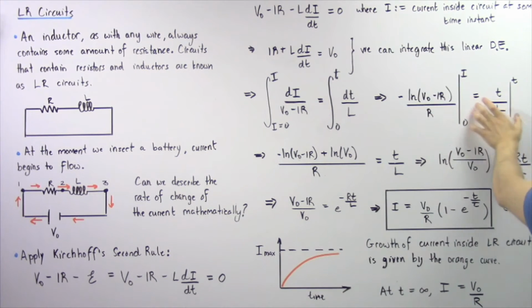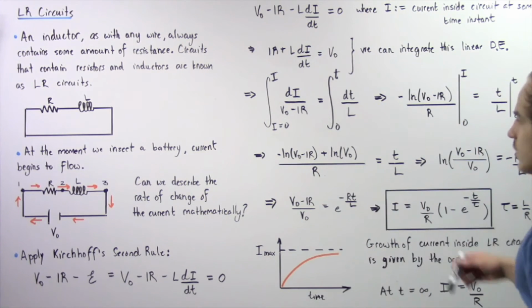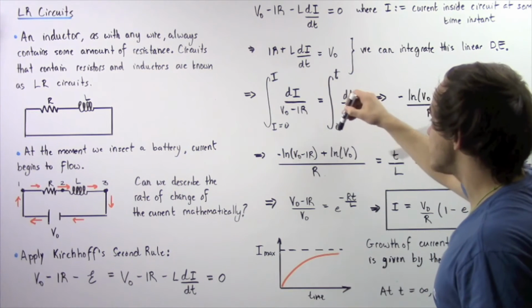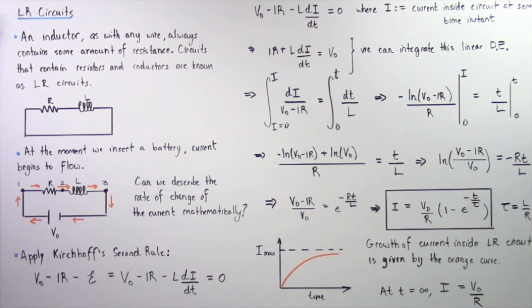If we actually evaluate these integrals, we get negative ln of V0 minus IR plus natural log of V0 divided by R, and this side simply becomes t divided by L.